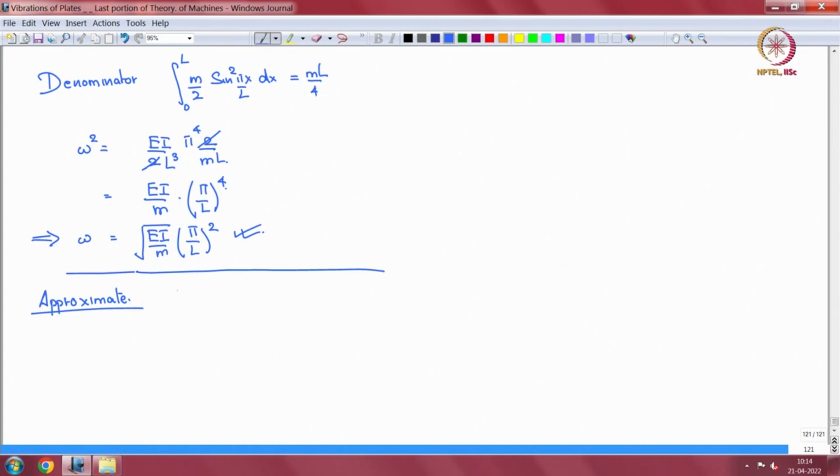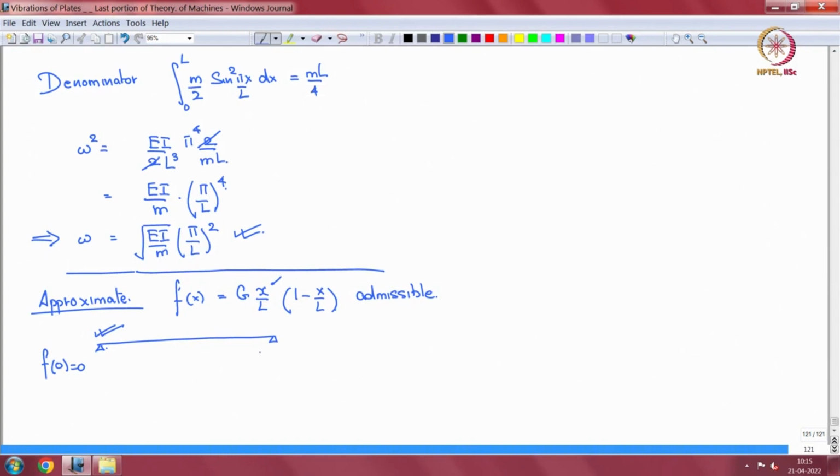So approximately, suppose I choose f of x as some constant times x by L times 1 minus x by L. This is an admissible function. Why? Because for this simply supported beam, f at 0, the displacement, if I substitute 0 here, I get 0. So the displacement condition here is satisfied.